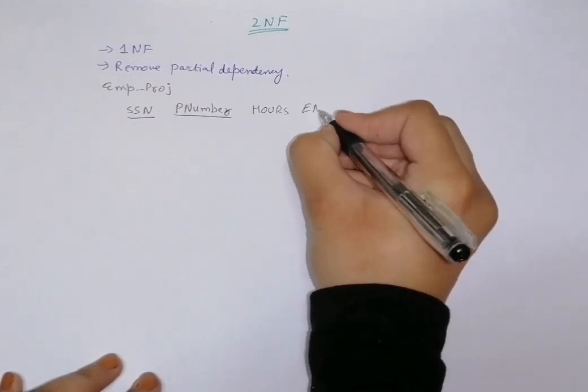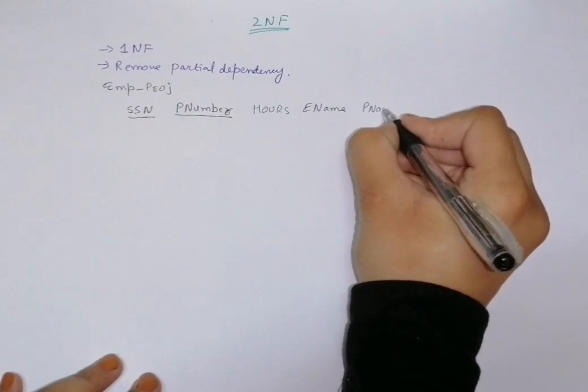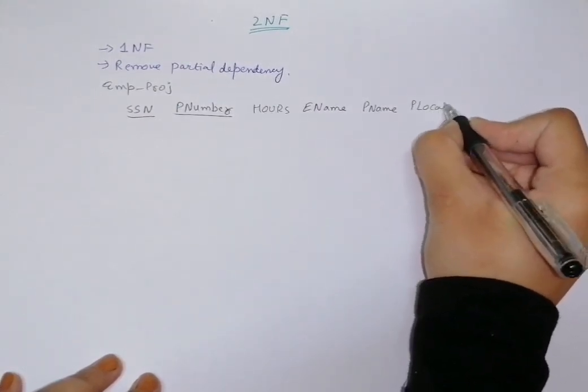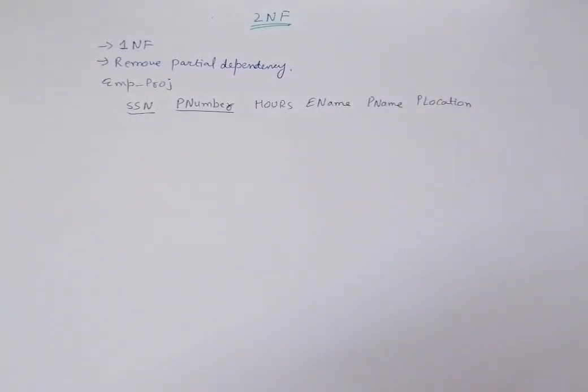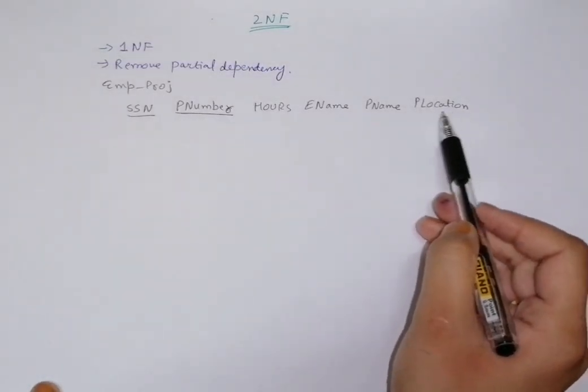And let's say E name, the name of the employee, and P name, the name of the project, and P location, the location at which the project may be installed or worked on. Here we consider this location as a single attribute, not as a multi-valued attribute.